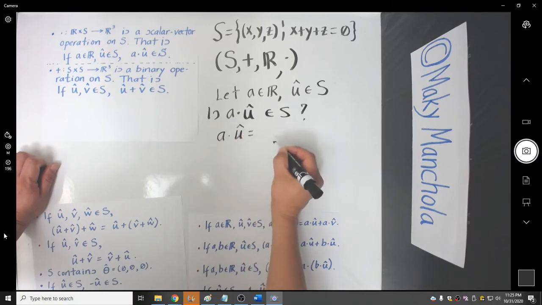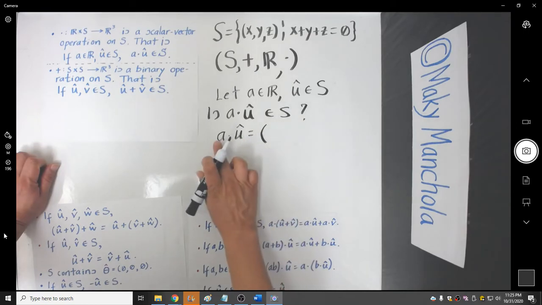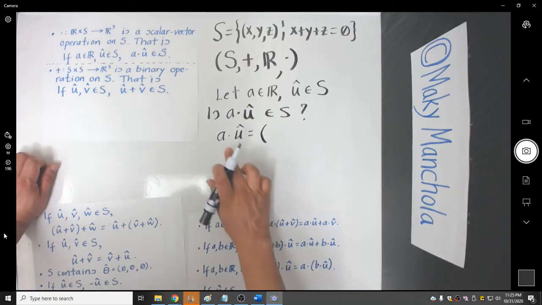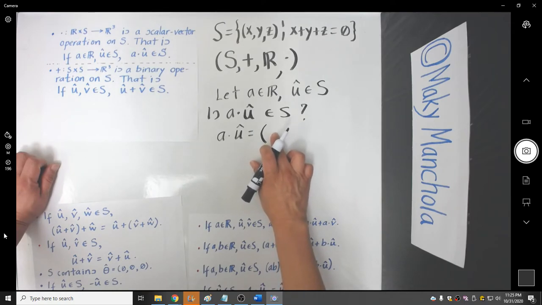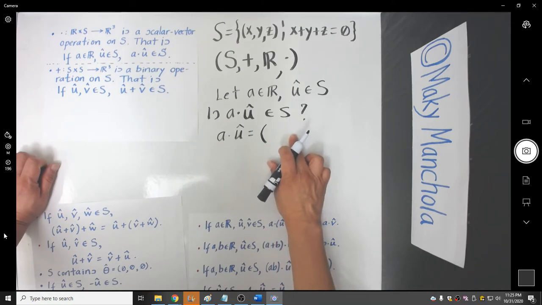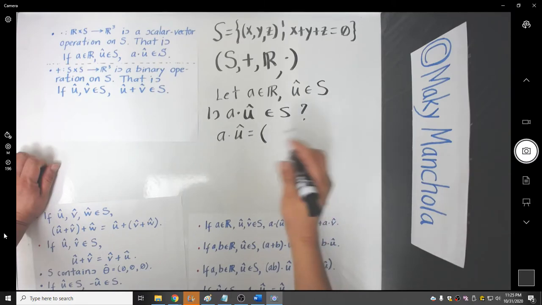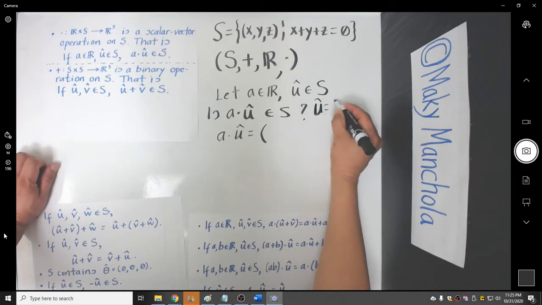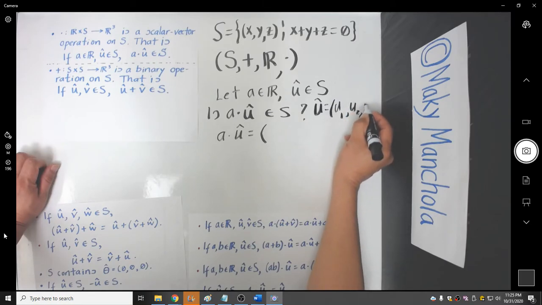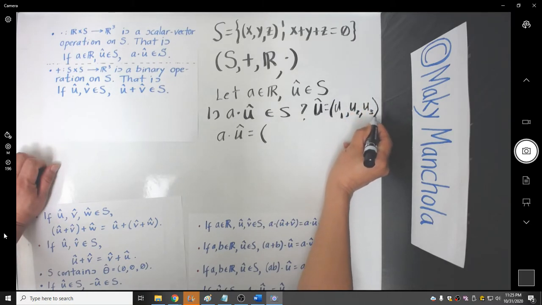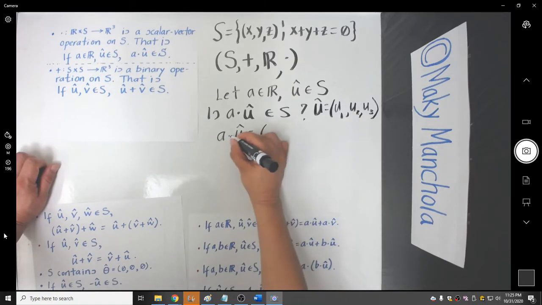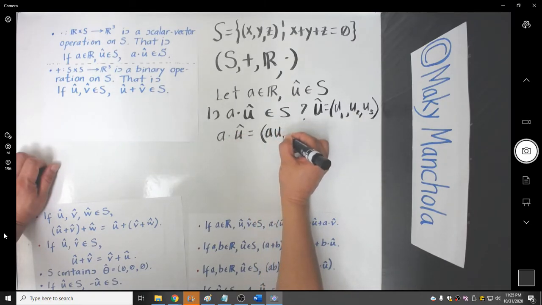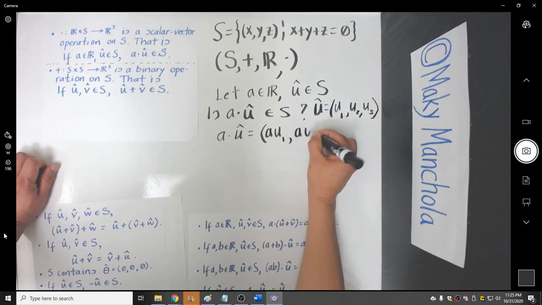By definition, it is going to be the product of A times the first entry of U, A times the second entry of U, A times the third entry of U. Now, let's specify U. Let's say U equals U1, U2, U3. Okay, in that case, then A dot U becomes AU1, AU2, AU3.